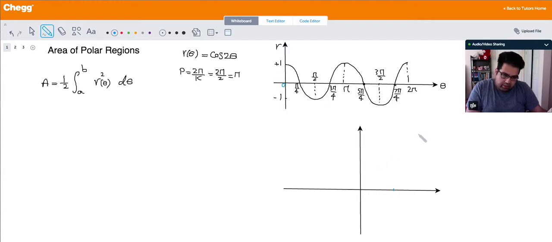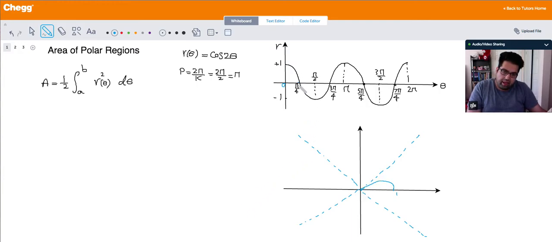So I divide each quadrant by 2. Each portion is 45 degrees or pi over 4, like this. Now I start at 0 degrees, and the radius goes from 1 to 0. So I'm going to have something like this.